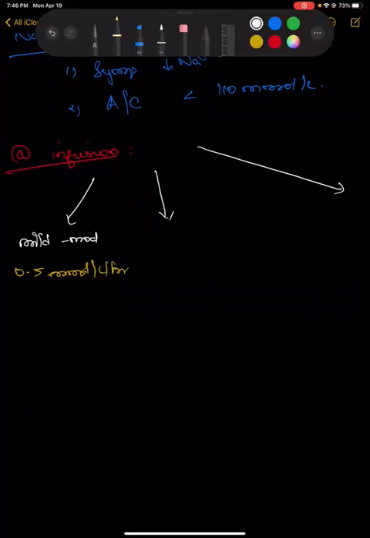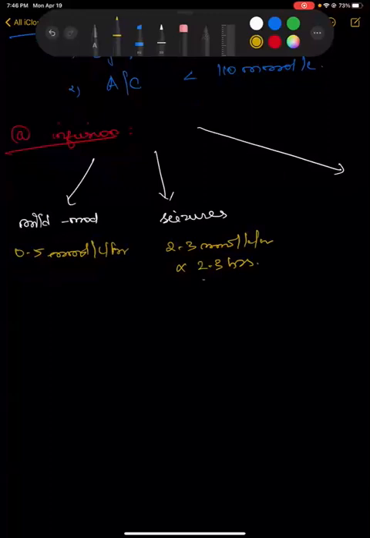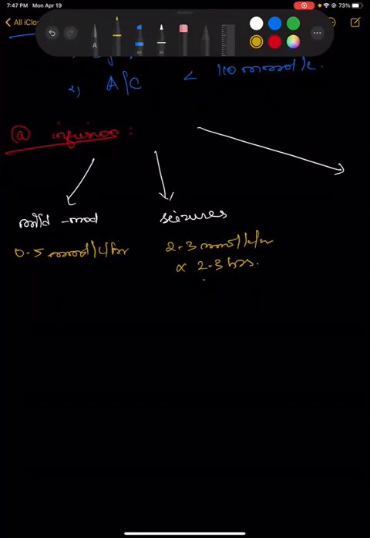And if the patient is presenting to you with seizures, then your correction would be 2 to 3 millimoles per liter per hour within the first 2 to 3 hours. If the patient is presenting with seizure, you can give up to 2 to 3 millimoles per liter per hour.